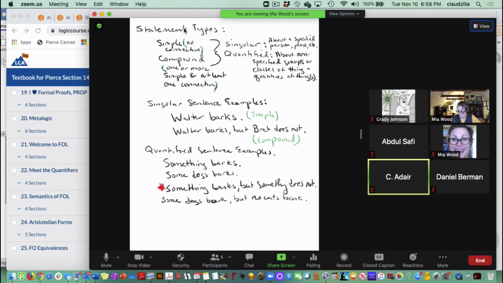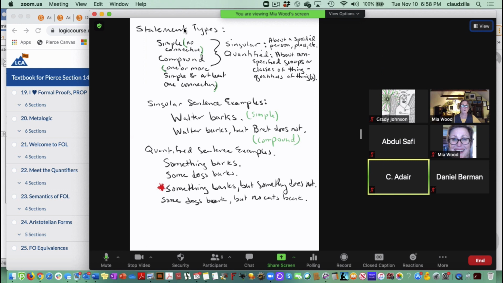Okay, so notice that we've got the singular, we've got the quantified. Whether we've got a singular sentence or a quantified sentence, we can assert the simple or the compound, right? We either do or do not have a connective to compound the sentence.